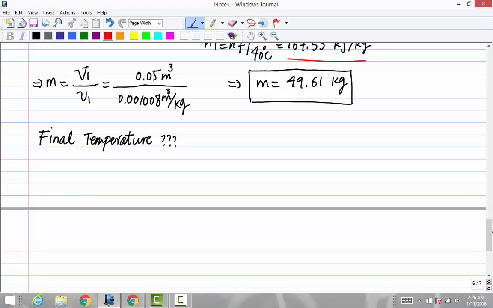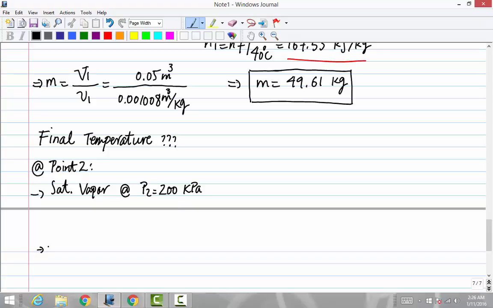So at point 2, we know that we have saturated vapor at P2 equals 200 kPa.